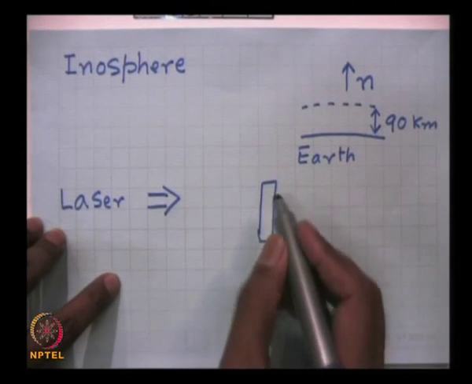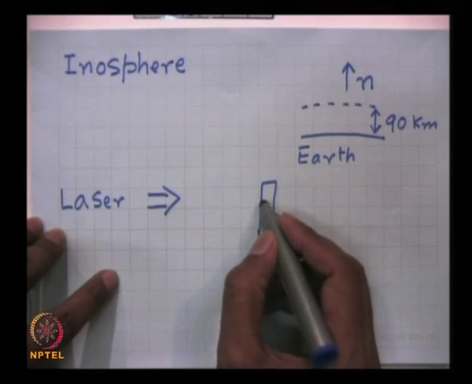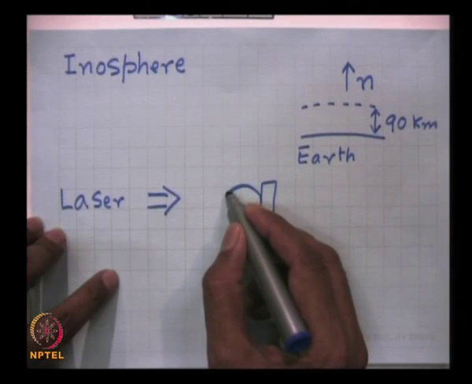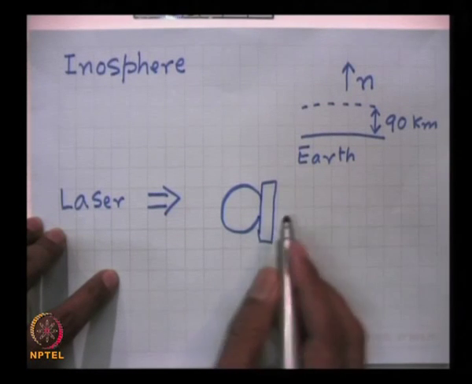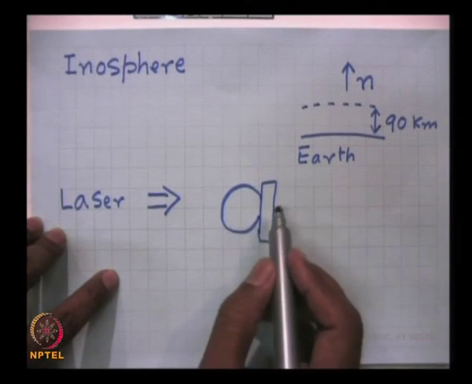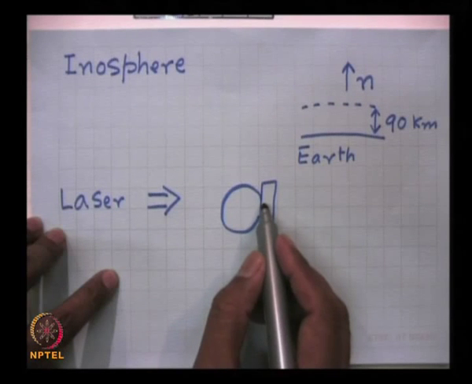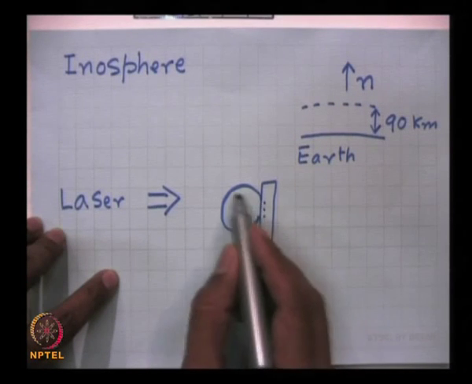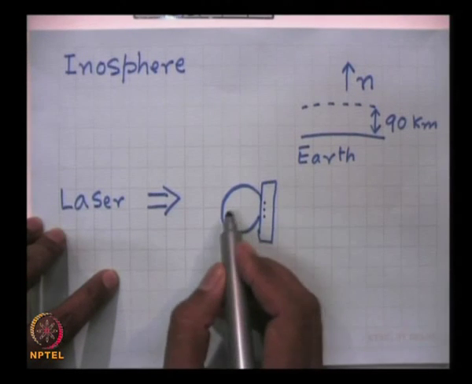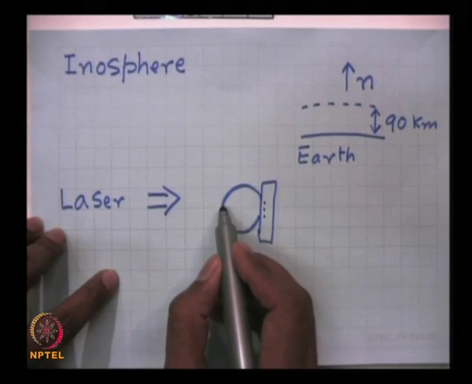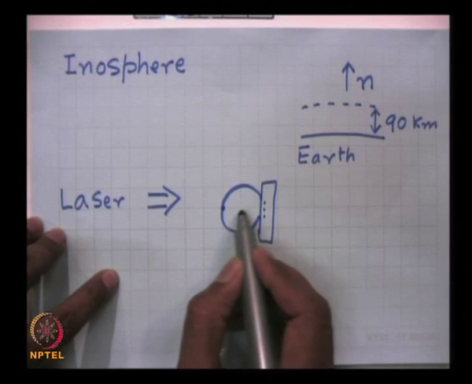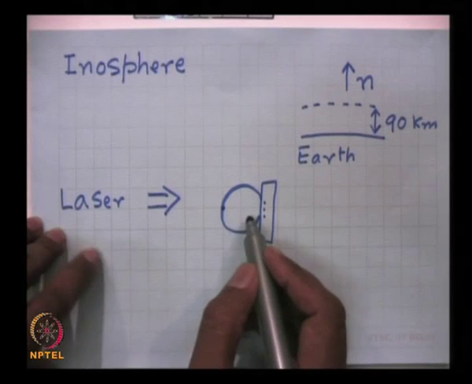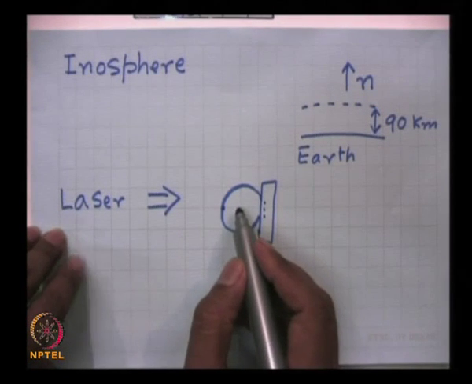So, after a little while of onset of the laser, if you examine the density variation or the character of plasma that is formed outside, this is called a plasma plume. The plasma is created at this boundary here, and this is expanding outside. So, if you look at this plasma plume, the density here is the minimum, and as you move into the plume, the density increases. So, this is another example of gradual density variation.